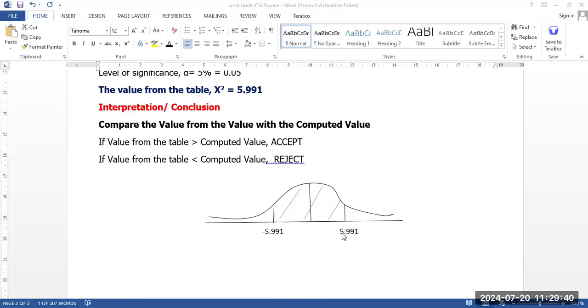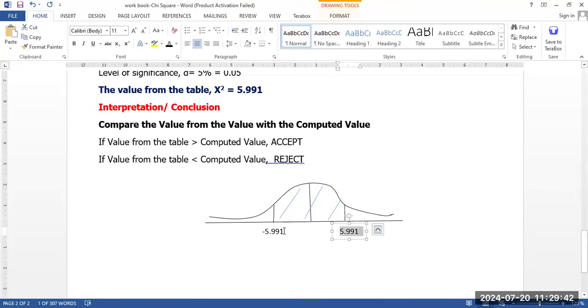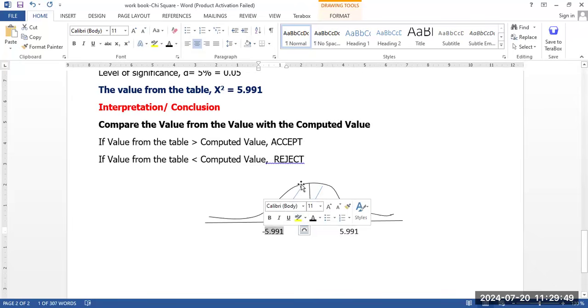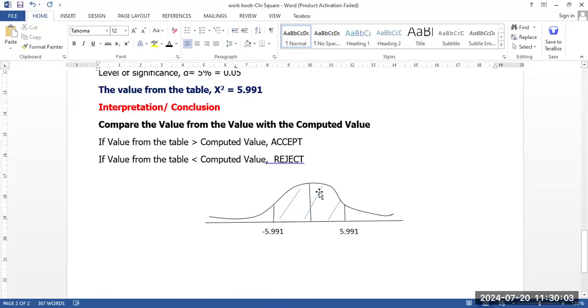Just put the value here, and put also the value here. If the value you put here is positive, also put the same value here as negative. Then ask yourself, is your computed value within this region? If the answer is yes, then you accept the null hypothesis. If it is outside this region, you reject.